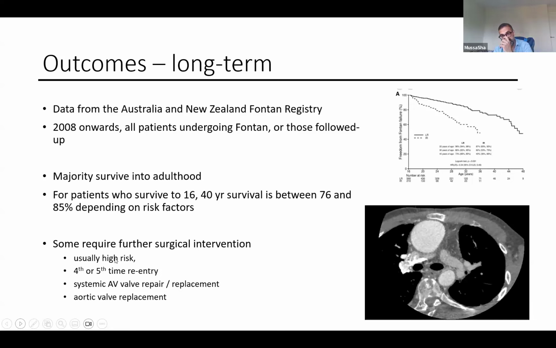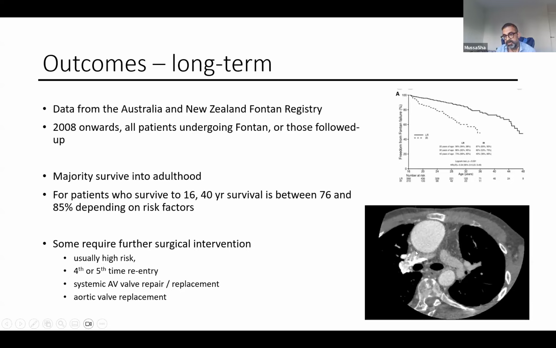And if you look across to the CT that I'm showing here on the right hand side of the screen, this is one of my patients from earlier in the year. He was born with pulmonary atresia, intact ventricular septum. He'd gone through a single ventricle pathway, and as these patients often have, he has a very large aorta that you can see here, very close to the back of his sternum.